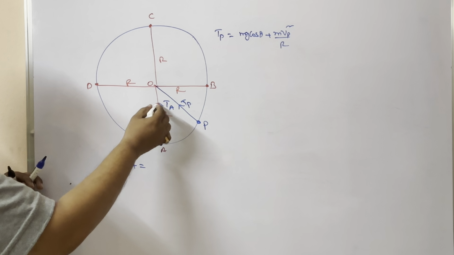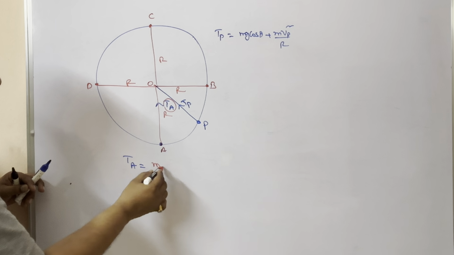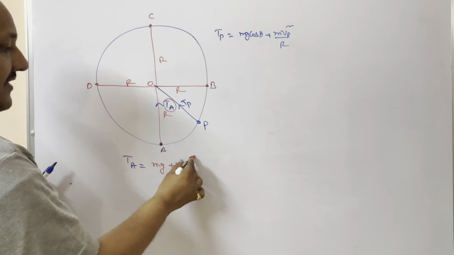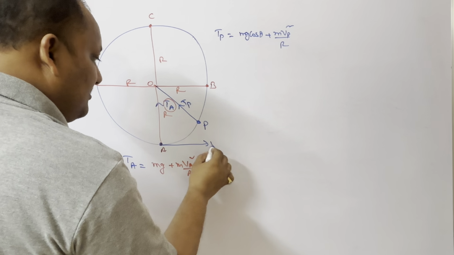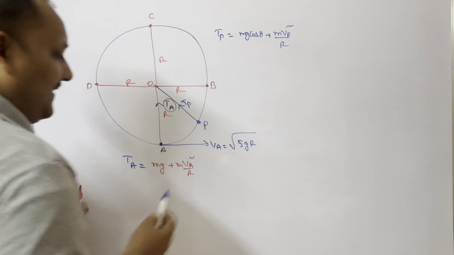Now TA, the tensional force at A. TA is going to be mg cos 0 plus m VA square by r. What is the velocity at this point? Root 5gr.